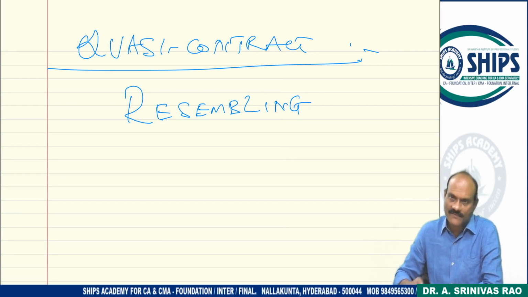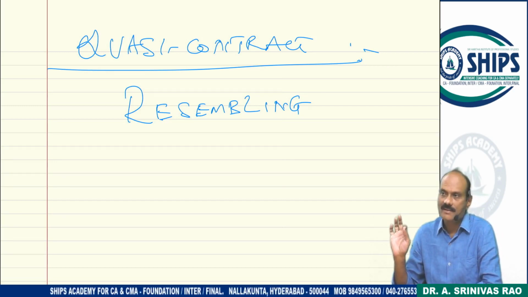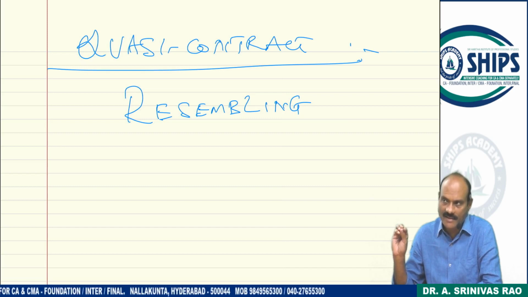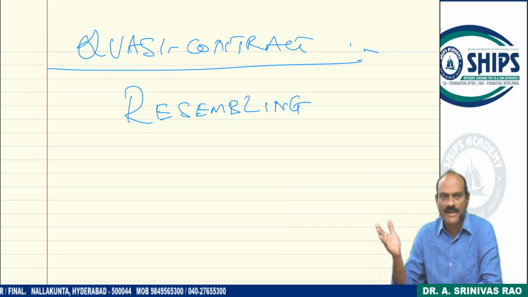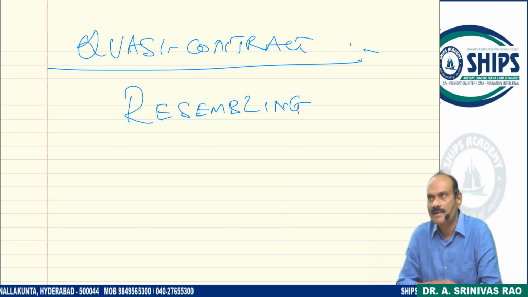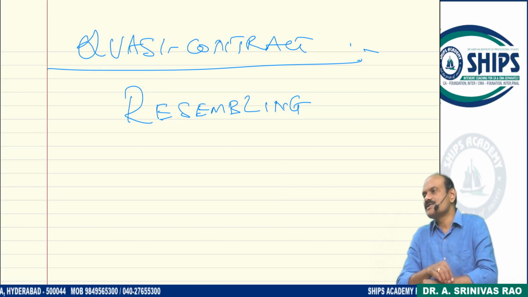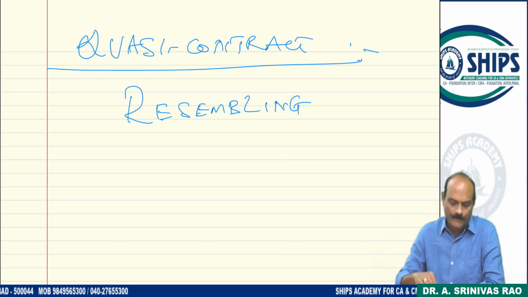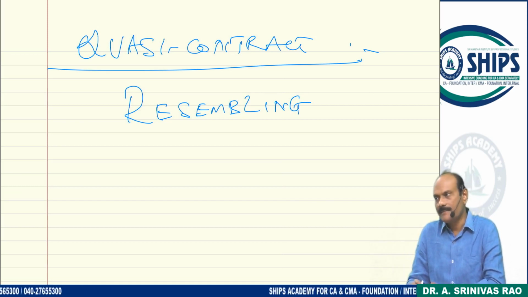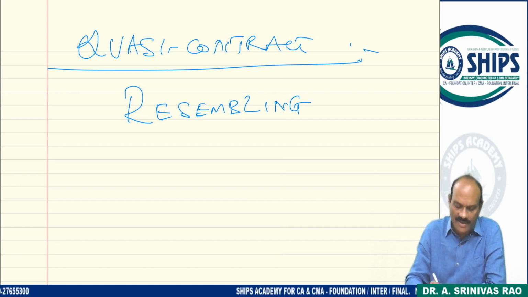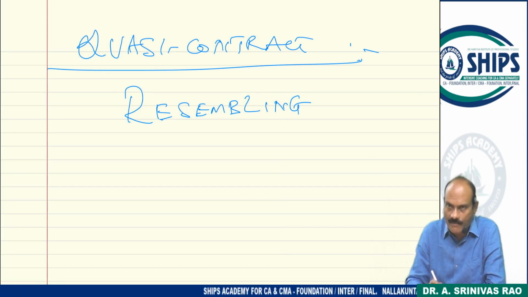In absence of all essential elements of the valid contract, contractual obligations are created by law.